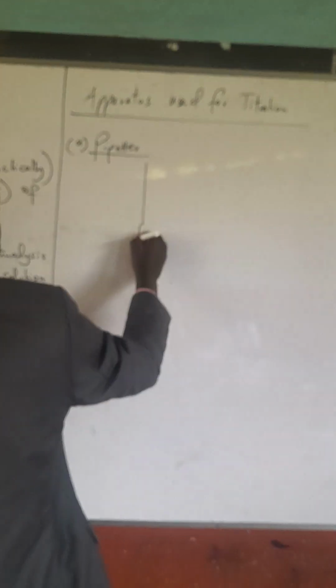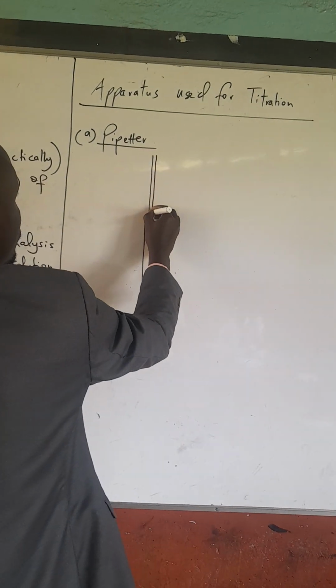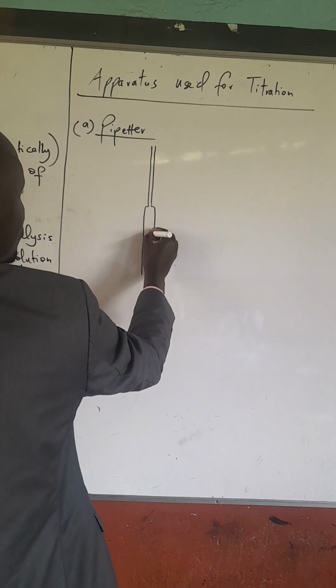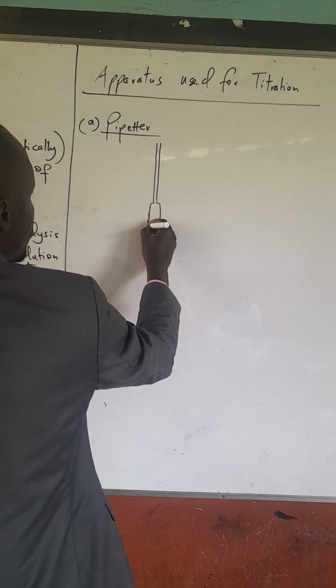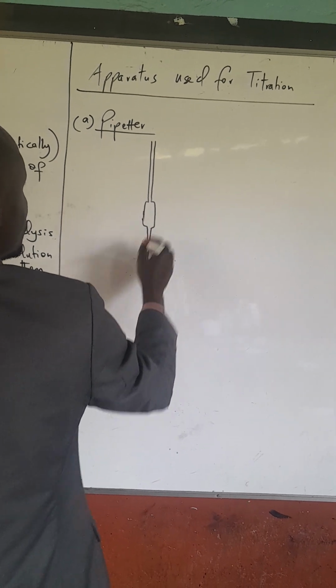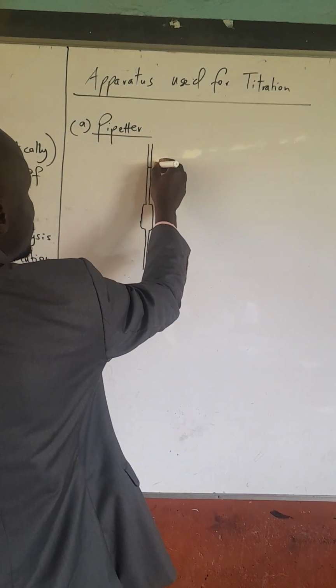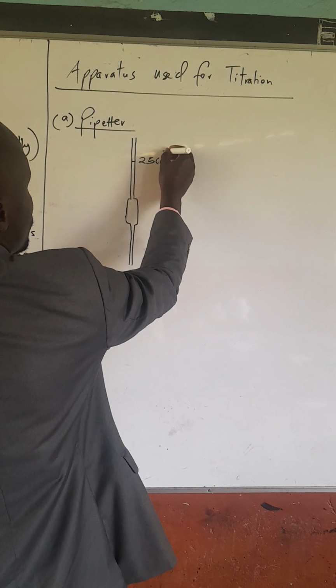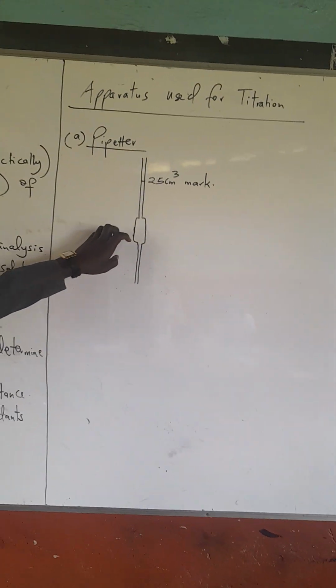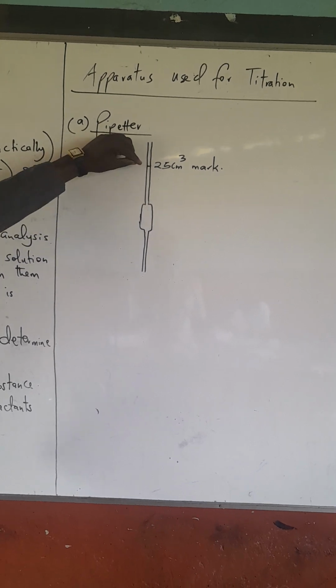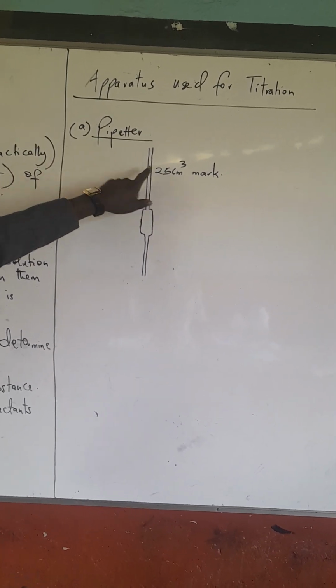It looks like this. It usually has a mark here. This is a 25 cubic centimeter mark. So when you put a solution inside here until this mark, it means the volume of that solution is 25 cubic centimeters.